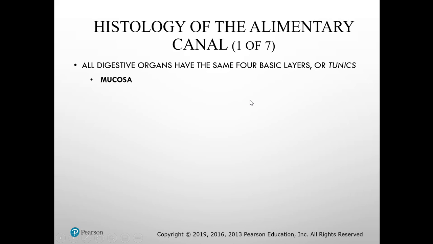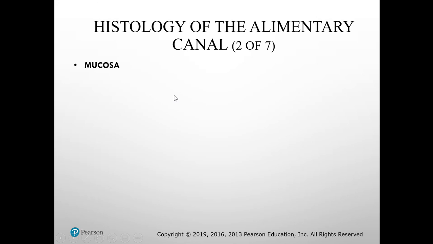Tunica refers to layer, and here you have your mucosa, your submucosa, your muscularis externa, and your serosa. The mucosa is the tunic layer that is immediately in touch with the internal hole, which you call the lumen.